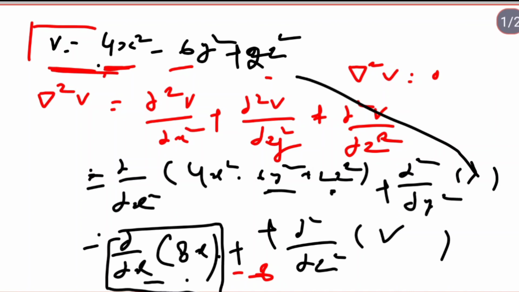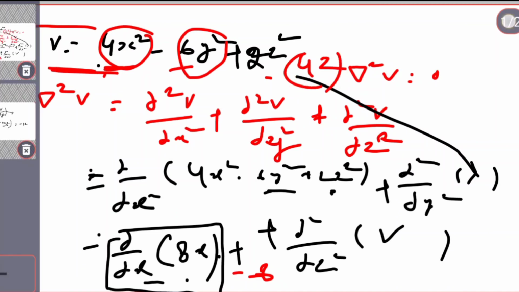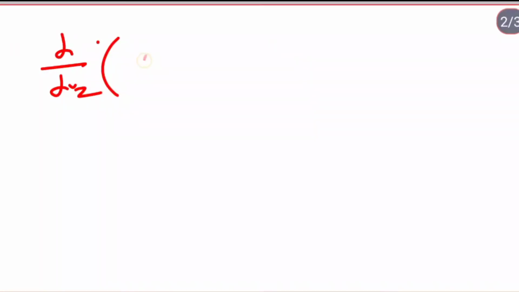Again dou V by dou z: the other terms become 0, and 2z square gives partial differentiation 4z. Differentiating again, dou by dou z of 4z equals 4.